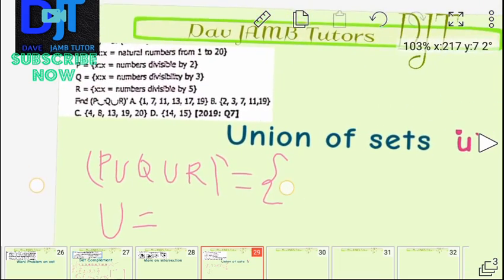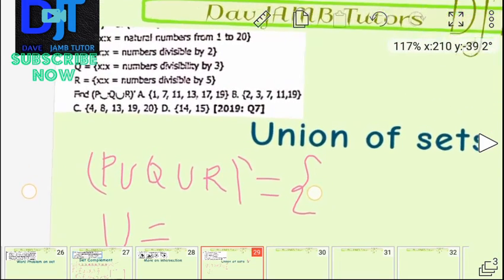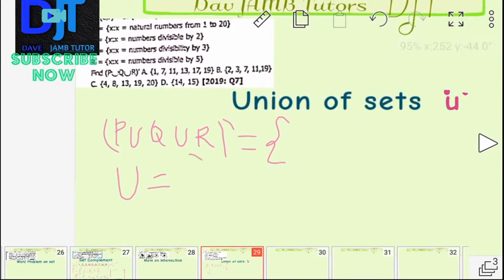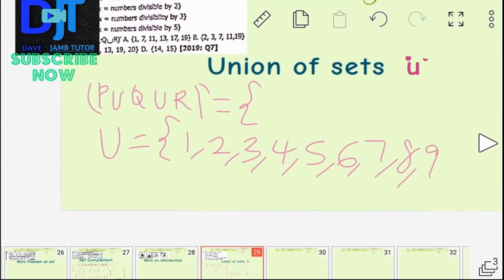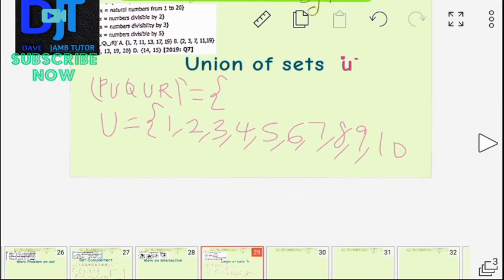They said x equals natural numbers from 1 to 20. Let me write that out. 1 to 20. That's 1, 2, 3, 4, 5, 6, 7, 8, 9, 10, 11, 12.